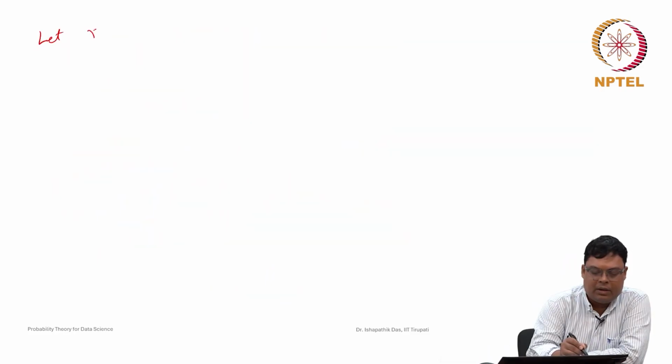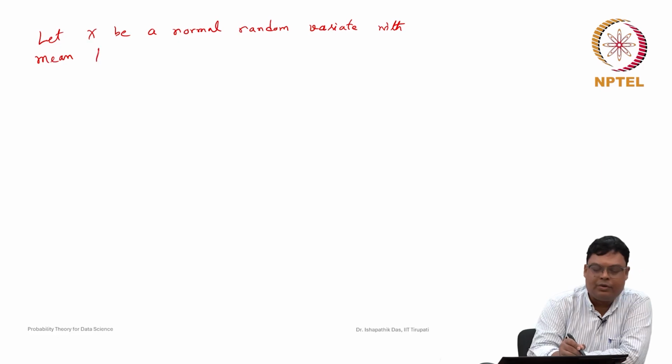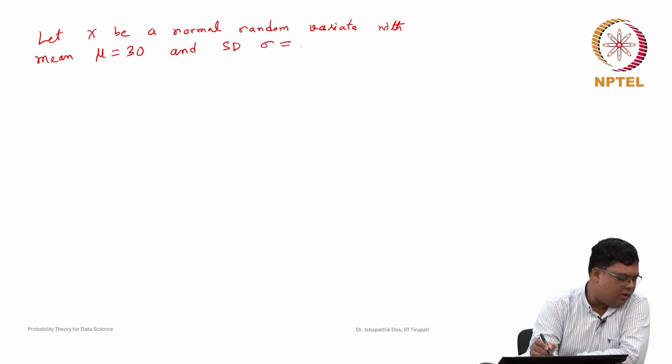Let x be a normal random variate with mean mu is equal to 30 and standard deviation sigma is equal to 5.